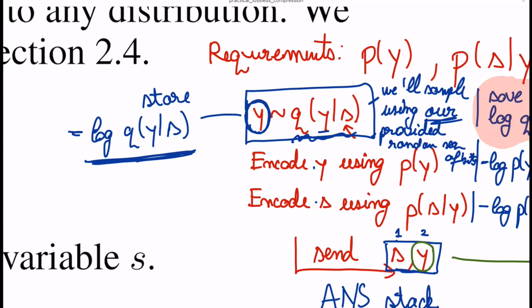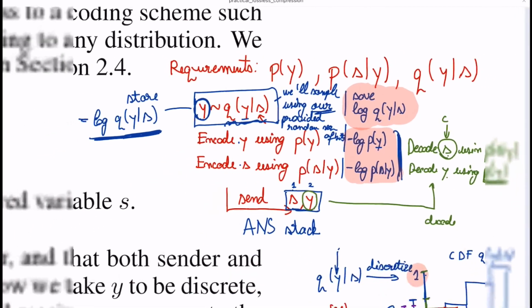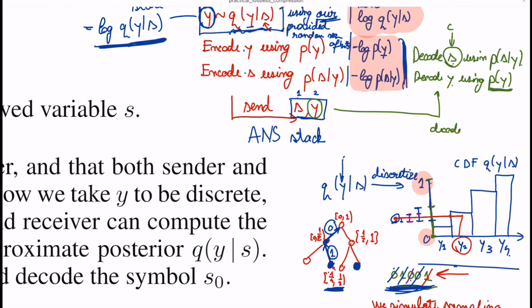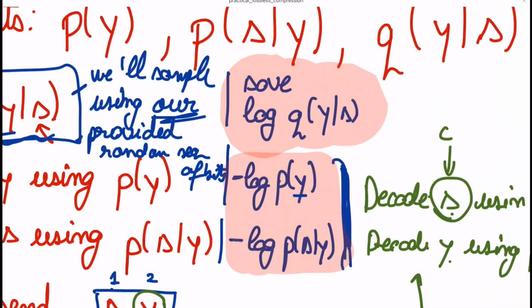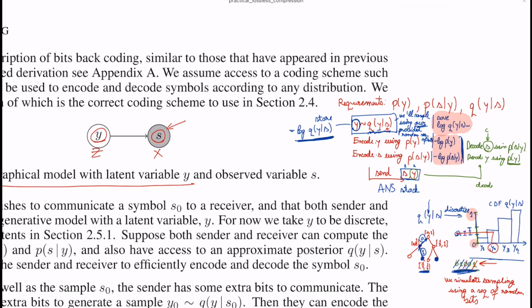So because the receiver also retrieves this many number of bits, then we've essentially sent more information than just what we physically sent. So this is still what we send, but Y can be used in this smart way at the bottom in order to obtain more bits. And this is the bits back coding mechanism.